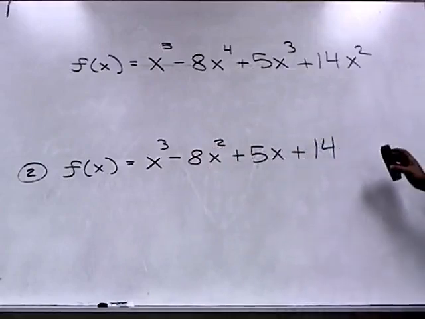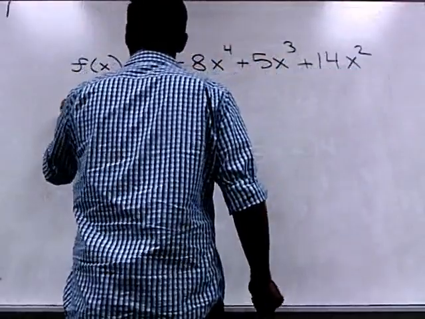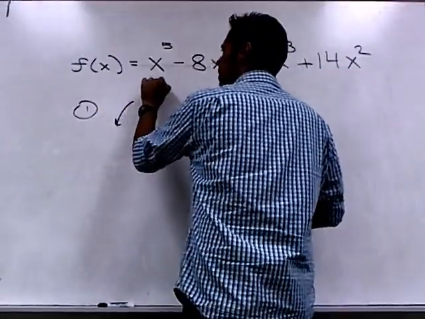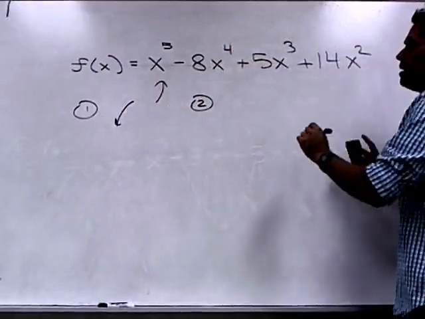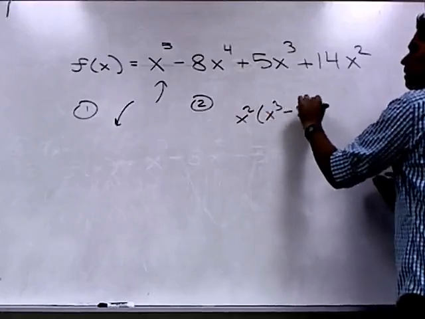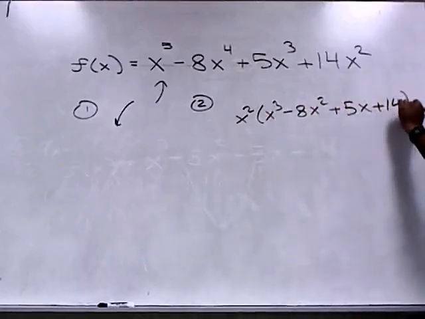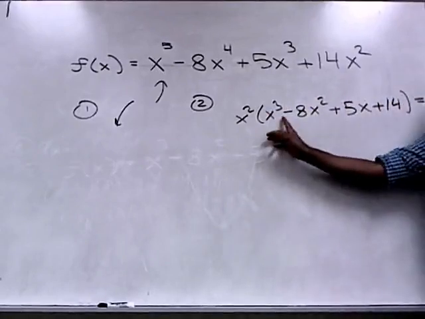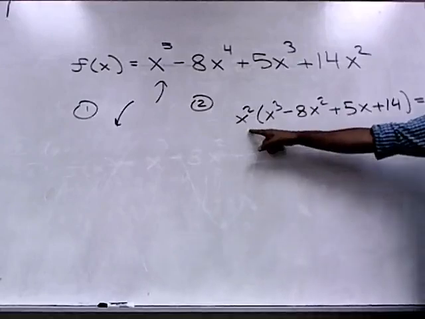And so when you go through this, your first step, it would go down on the left, up on the right. The second step, you set it equal to 0, and you would factor an x squared out first. And then you would do this right here with your synthetic division, and you'd still have the x squared out here.